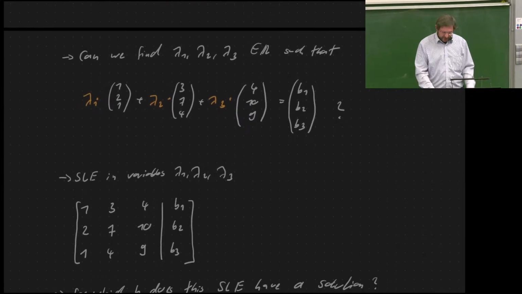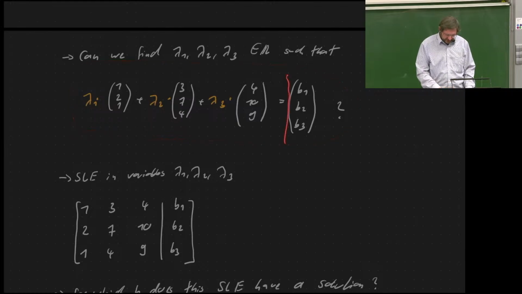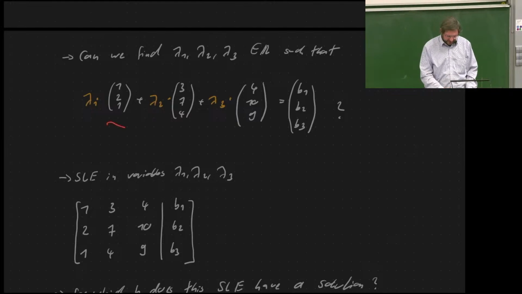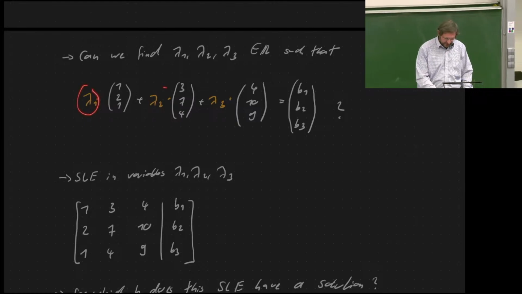That last question can simply be answered in this way. Given a vector b1, b2, b3, we want to find out whether that is contained in the span of M. Here are the vectors in M. If it's contained in the span, there must be some linear combination that yields exactly this vector, so there must be some lambdas such that this is true.